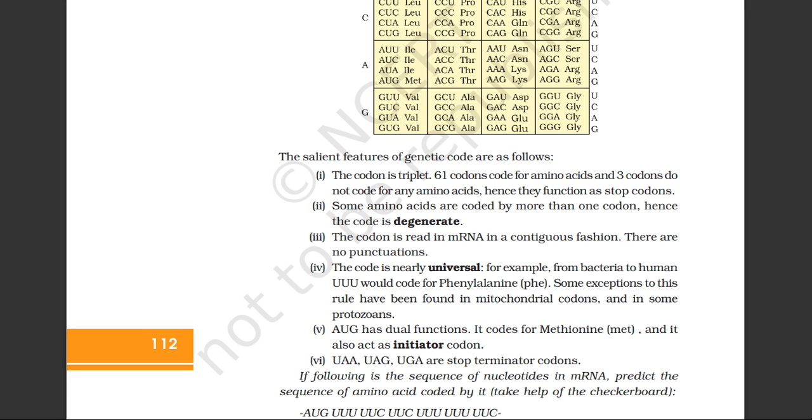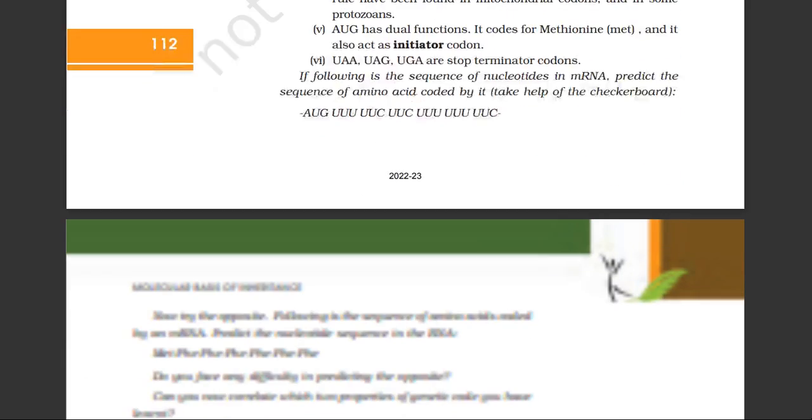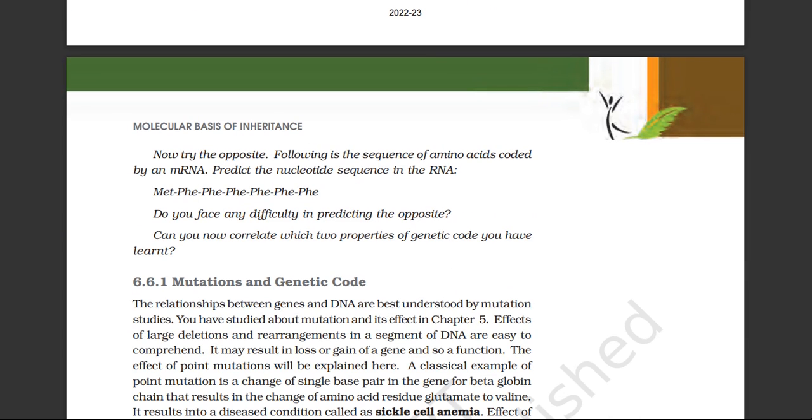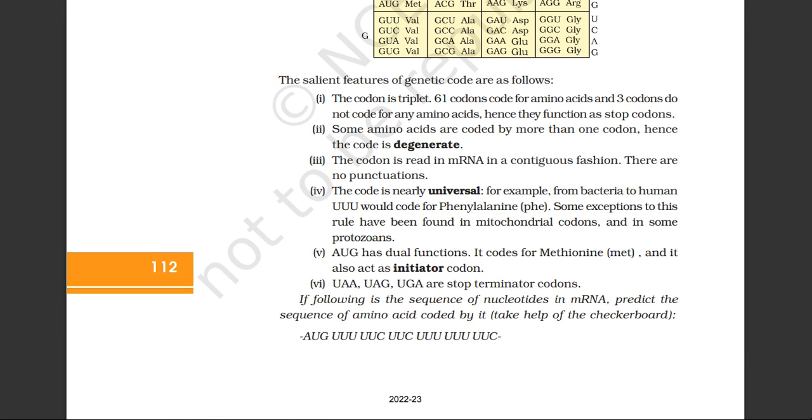There are no punctuations. 4. The code is nearly universal. For example, from bacteria to human, UUU would code for phenylalanine, Phe. Some exceptions to this rule have been found in mitochondrial codons and in some protozoans. 5. AUG has dual functions. It codes for methionine, Met, and it also acts as initiator codon. 6. UAA, UAG, UGA are stop terminator codons.